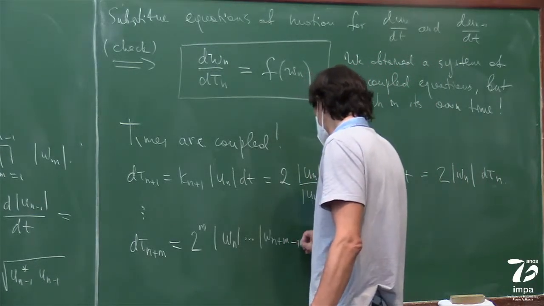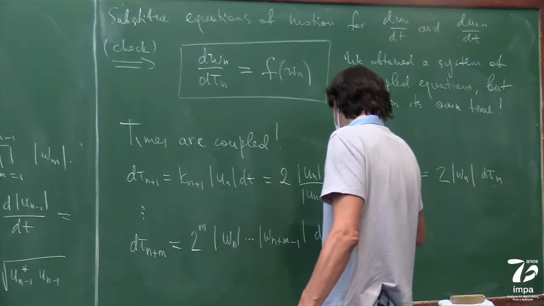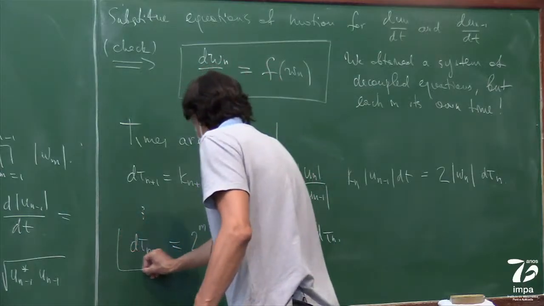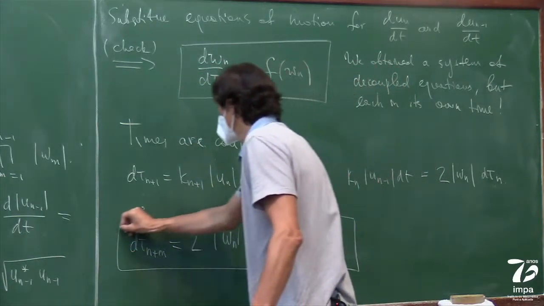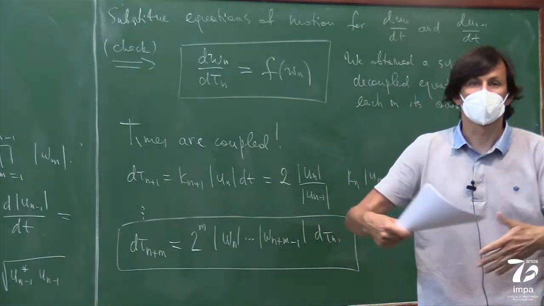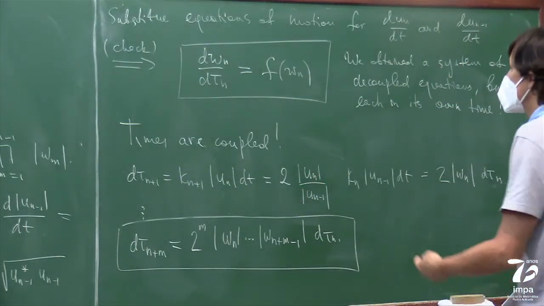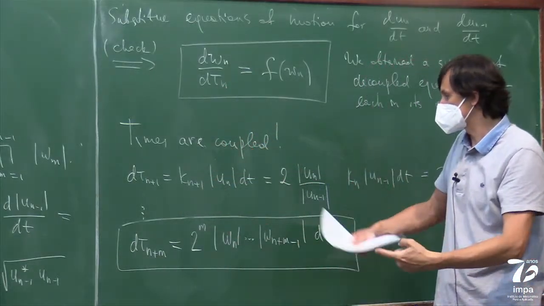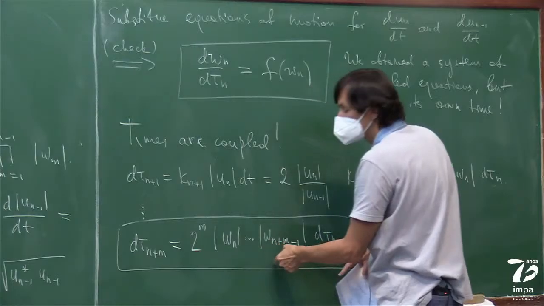So you see that there is a nonlinear relation between the times. The equations are decoupled. Each equation evolves independently of the others, but all times, tau 1, tau 2, at different scales, are coupled through the solutions.